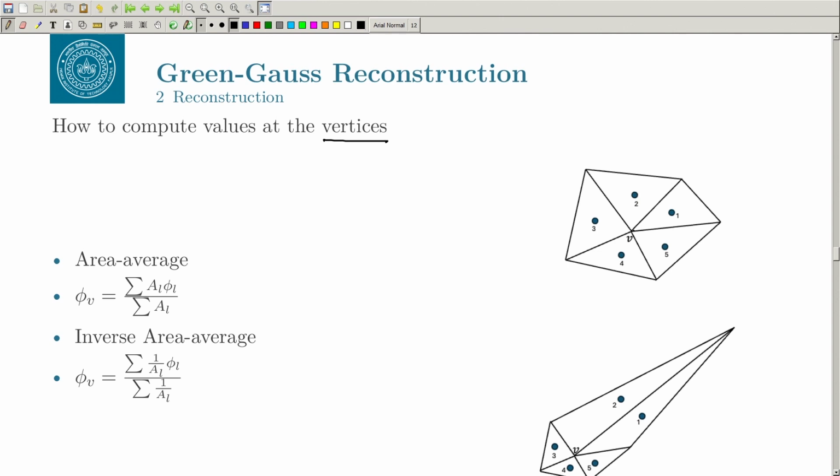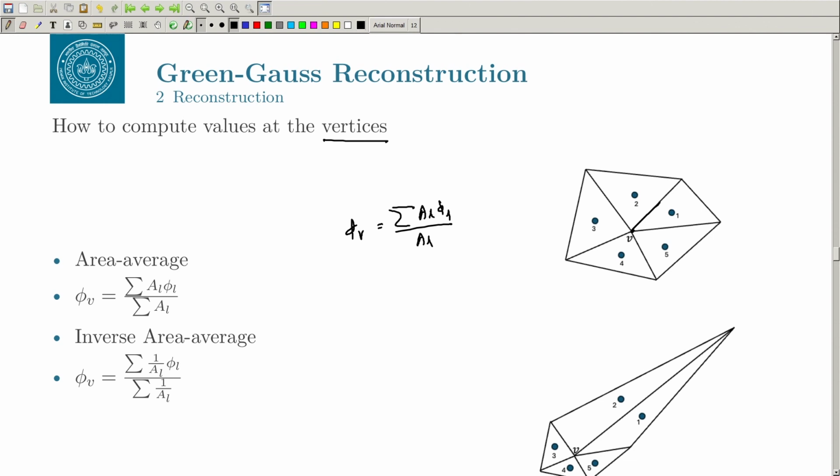Let us say this is my node V and these are the cells connected to this, 1, 2, 3, 4, 5. All I need to do is some kind of area average. So, phi_V will be basically sigma A_L phi_L by sigma A_L. This A_L can be your distance.